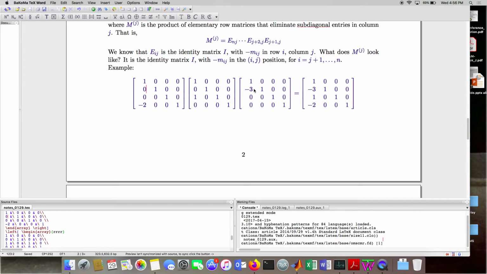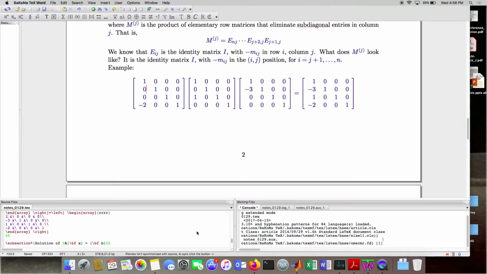We just take these multipliers and fill them in, and that turns out to be the product. So it's very convenient to have all that there.